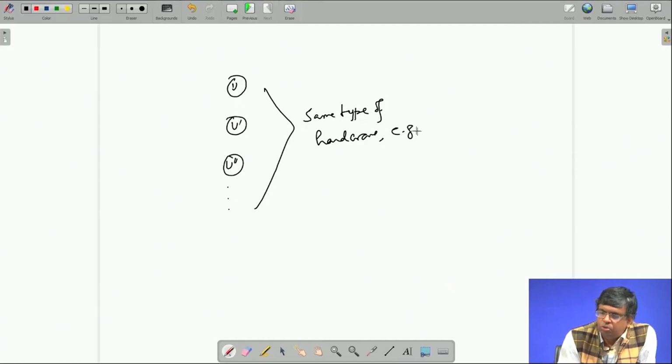For example, they all could be adders. This has a separate input line, this has a separate input line, and like that. This can go to various other nodes, this can go to various other nodes, and like that.